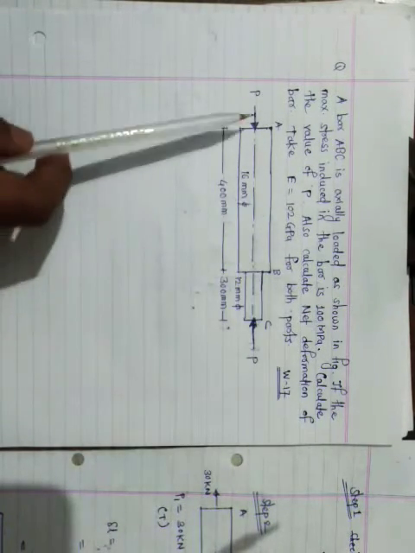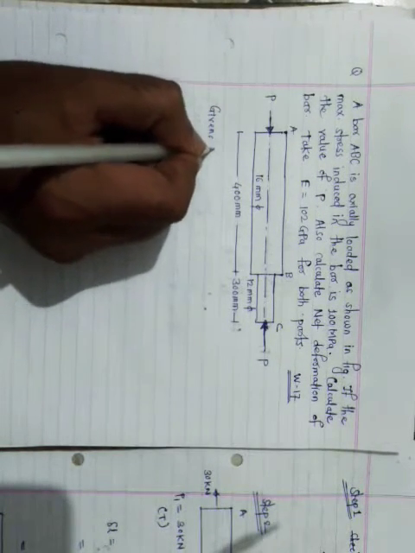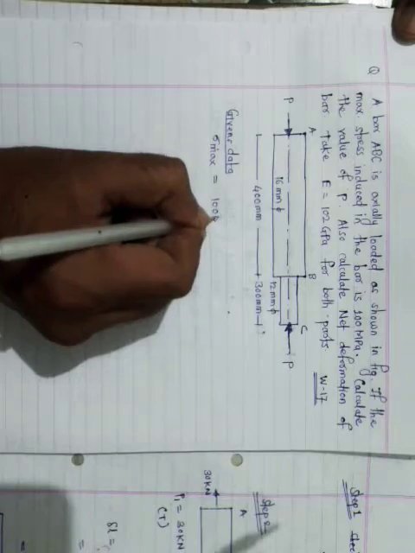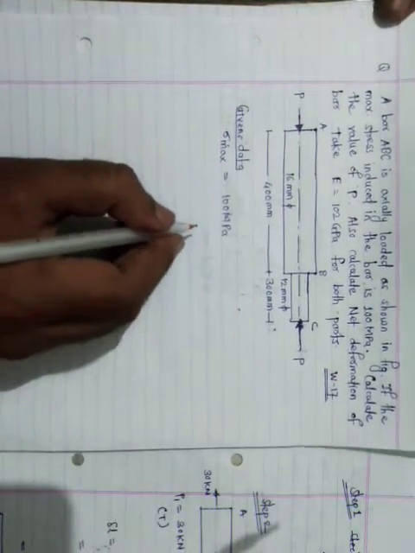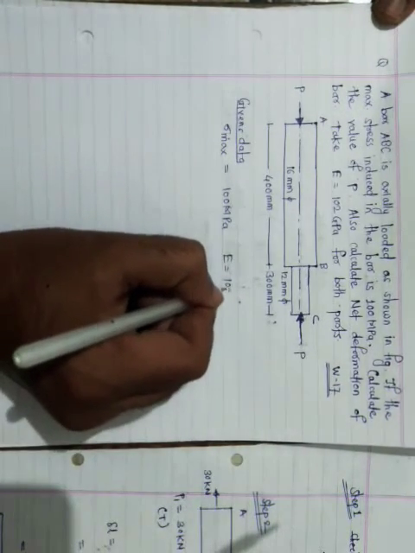Then we have to calculate P. The diameters are given as 16 mm and 12 mm. The length of AB is 400 mm and the length of BC is 300 mm. Okay, now write the given data. The maximum stress sigma max is 100 MPa. The Young's modulus for both parts is 102 GPa.